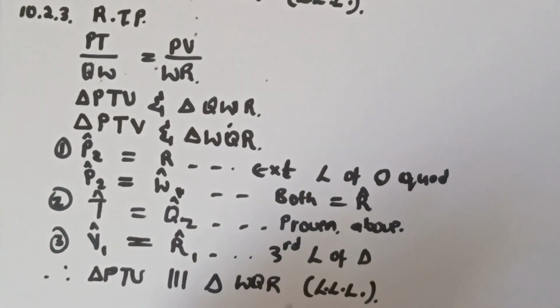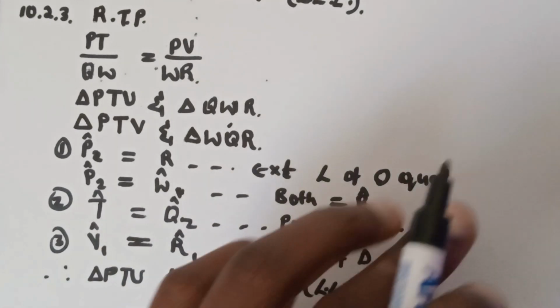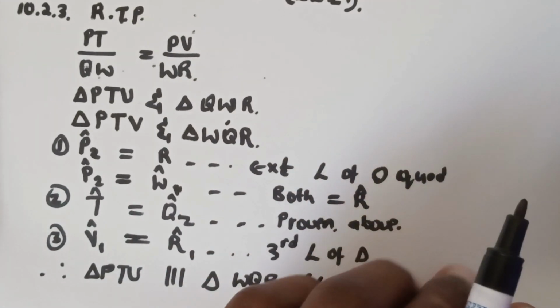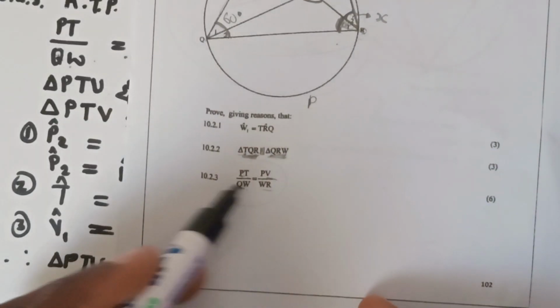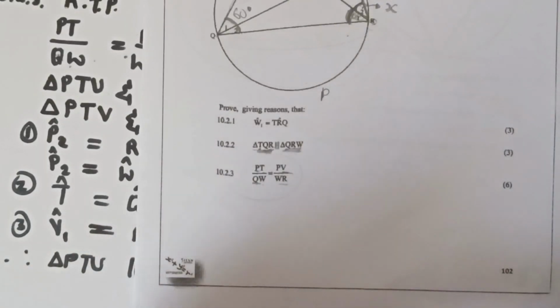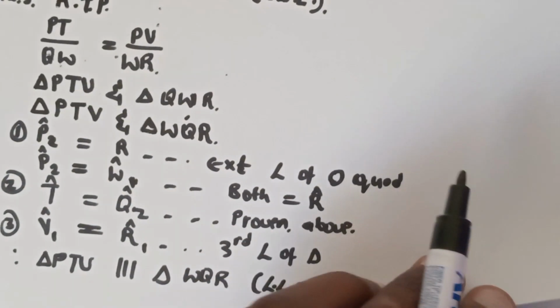Since we proved that these are similar triangles, let's try to find a combination in such a way that they give us the one that they asked in the question. I'm running out of space here. Now I remove.